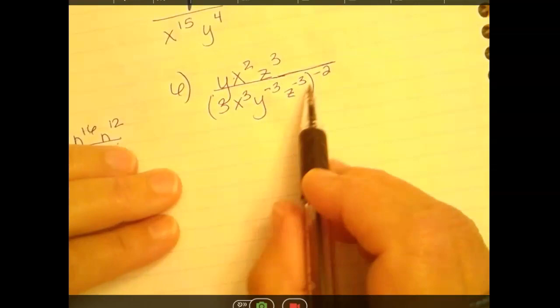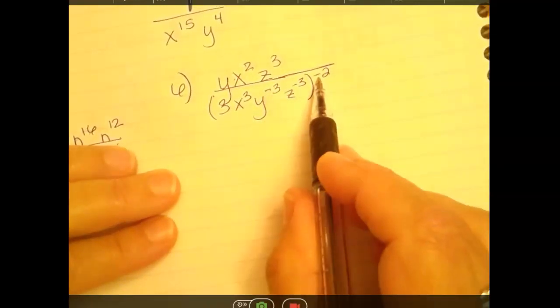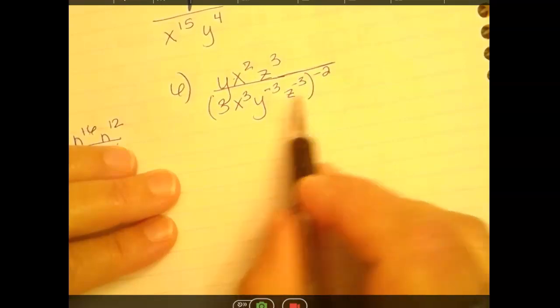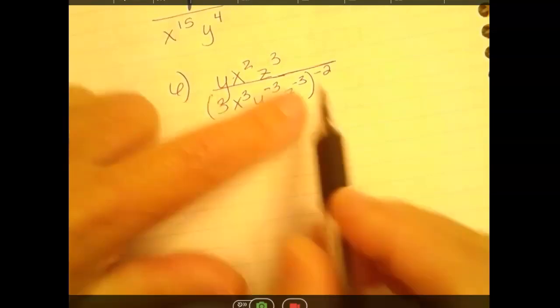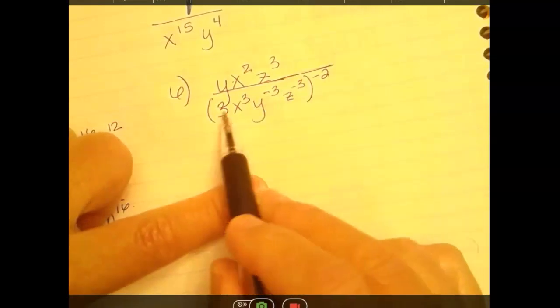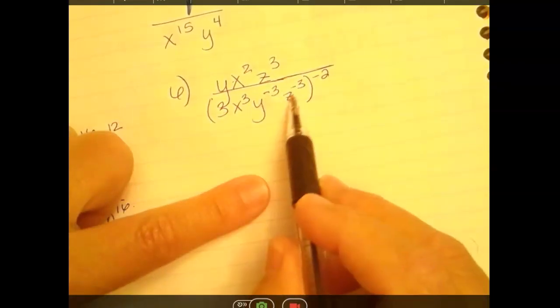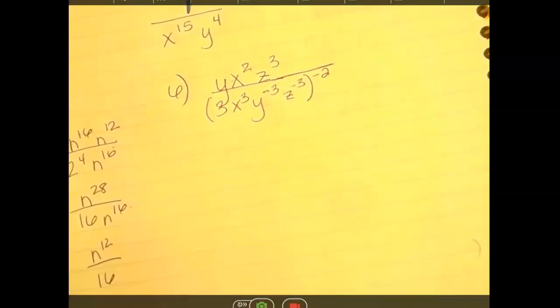Now, within the parentheses, negatives in there, this negative means take this parentheses and move it to the top. You're not changing anything in the parentheses, right? So this negative right here would move this whole parentheses up top, but when it moved, the y and the z would still have negative exponents even though they were on the top, because you don't mess with what's in there when you move it.